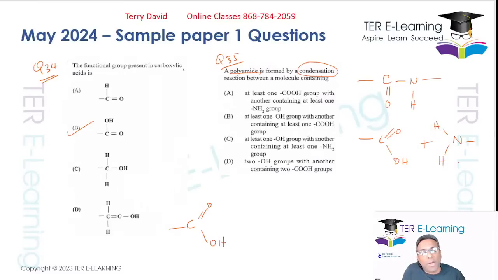But if you want to make it a polymer, you must have at least one COOH and another containing at least one NH2. So the answer so far looks like A for question 35. So the answer is E.